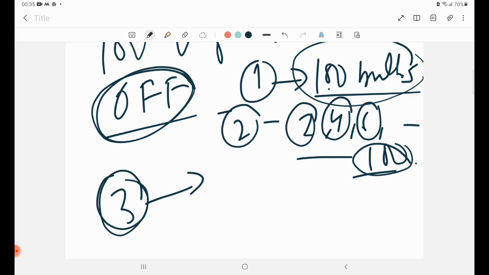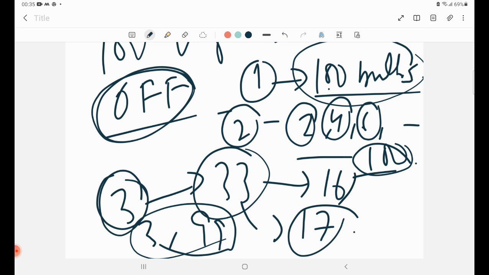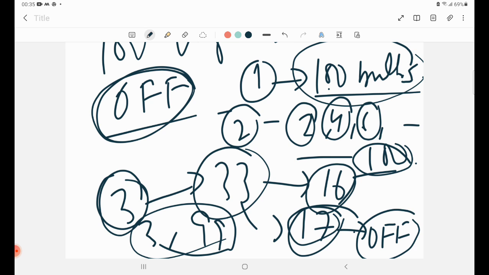There are 33 multiples till 100, out of which 16 are even and 17 are odd, because it starts from 3 and ends at 99. The odd ones are still on, so these will be off now, and the even ones that are off will now turn on. So net, only one is off.